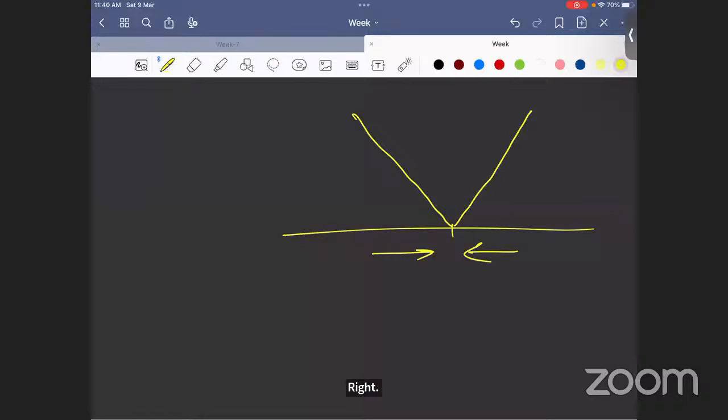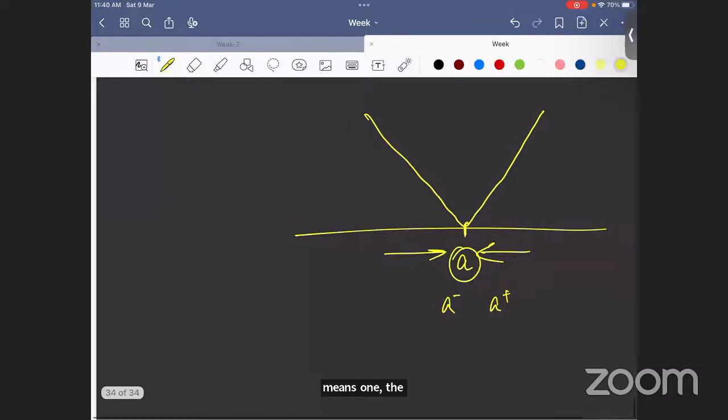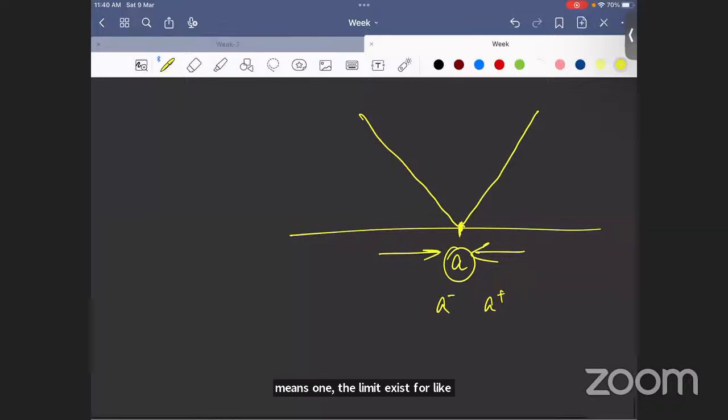Whenever your x is tending toward a, whether it's coming from a minus or a plus, your function value is 0. Correct? So that means the limit exists for the left hand side and right hand side, and both are equal. That means the limit exists at that particular point. Yes, sir.